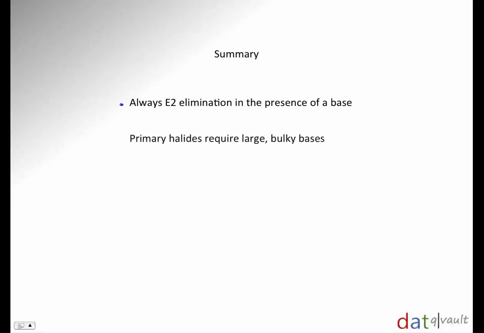Alright, so dehydrohalogenations were relatively simple reactions, but there are a couple things that we need to remember when doing dehydrohalogenations. We do them in the presence of base, and if we do them in the presence of base, then they always go by an E2 elimination pathway. They never go through a carbocation intermediate in the presence of base. Primary halides require large, bulky bases, and this is to avoid substitution reactions.